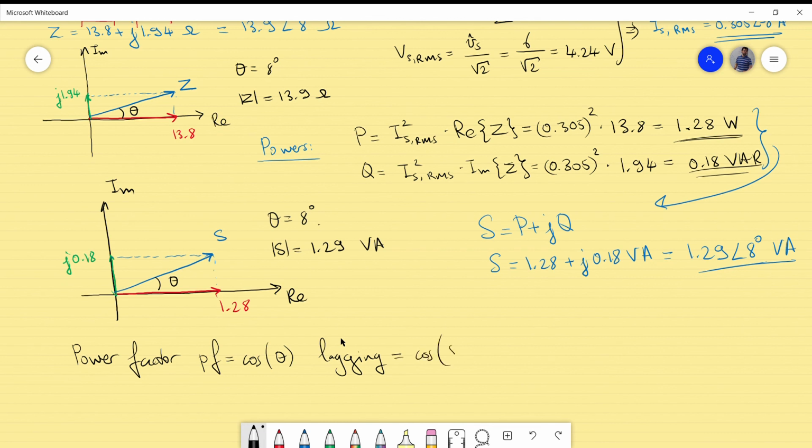Cosine of 8 degrees lagging, which will result in PF 0.99, almost 1, and still lagging. So it's actually almost unity. So this circuit almost has a complete power delivered to the real components, or the ohmic parts of the system.